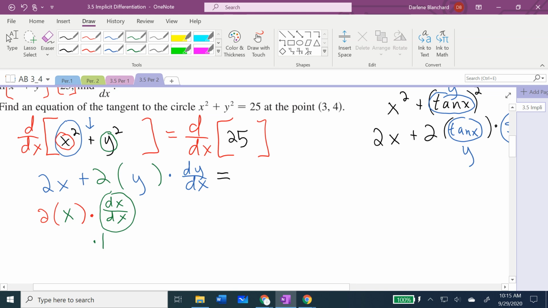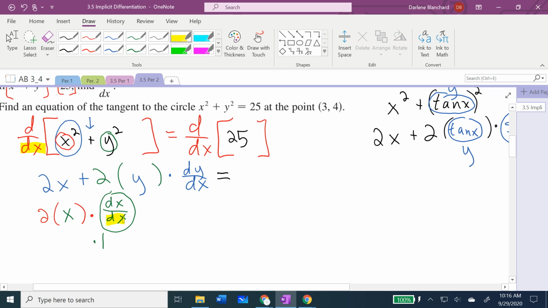Some people feel more comfortable calling every single variable a baby function. And then just when they run into something like dx over dx, they change it to a 1. And that works perfectly fine. You just don't have to do it for the specific variable that you are with respect to taking the derivative.